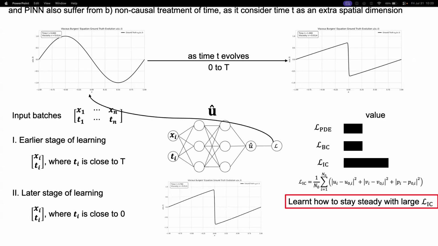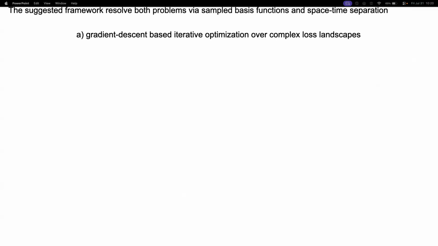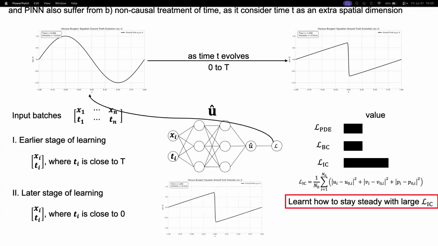So what we wanted was for the neural network to learn the dynamics of the system, but in the extreme case, it just outputs the final stage of the system. So in summary, there are two problems.